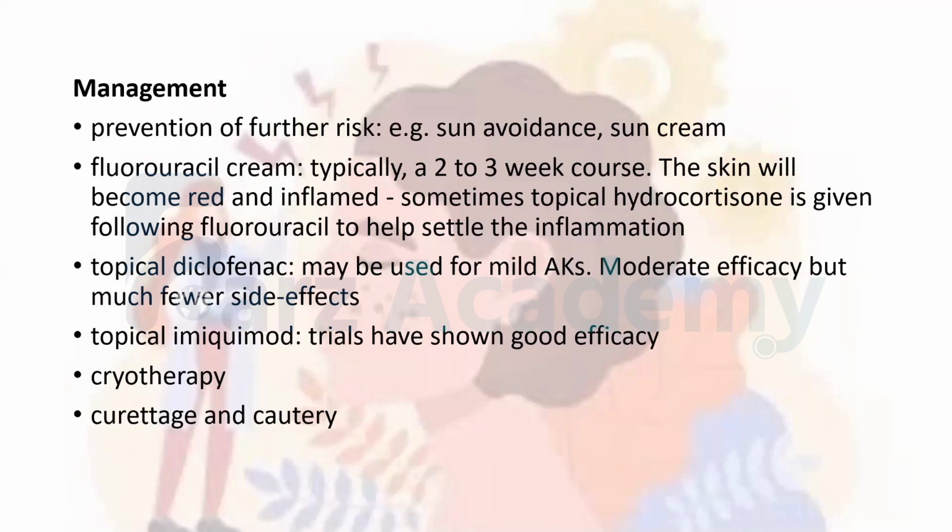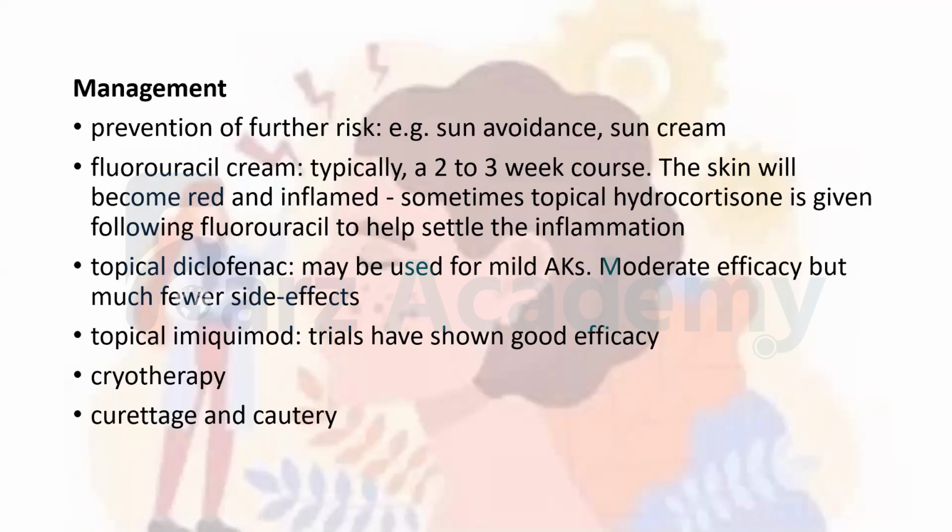So, how do you manage a patient with actinic keratosis? Usually, sun avoidance and usage of sunblock creams are essential for the prevention of further risk. Topical fluorouracil cream can be used. Usually, a 2 to 3 weeks course is prescribed. The skin can become red and inflamed sometimes because of the fluorouracil, so topical steroids can also be given along with it to settle the inflammation.